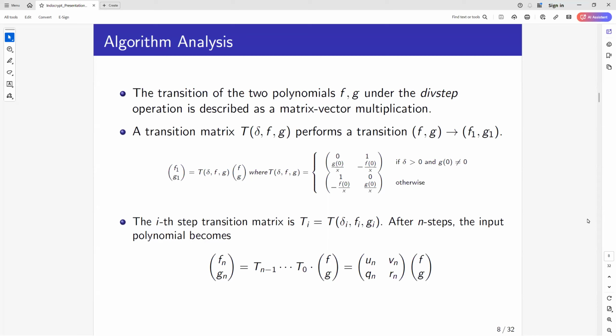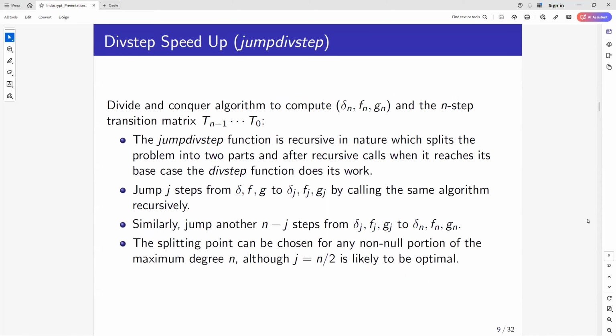For example, suppose U0, U1, U, Q0, Q, R0. The div step algorithm can be given a speed up by using the jump div step, which is a divide and conquer algorithm.